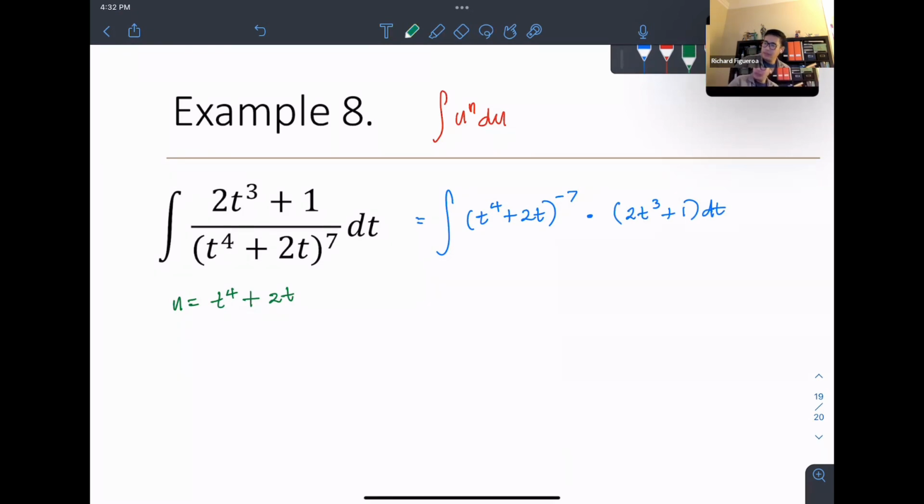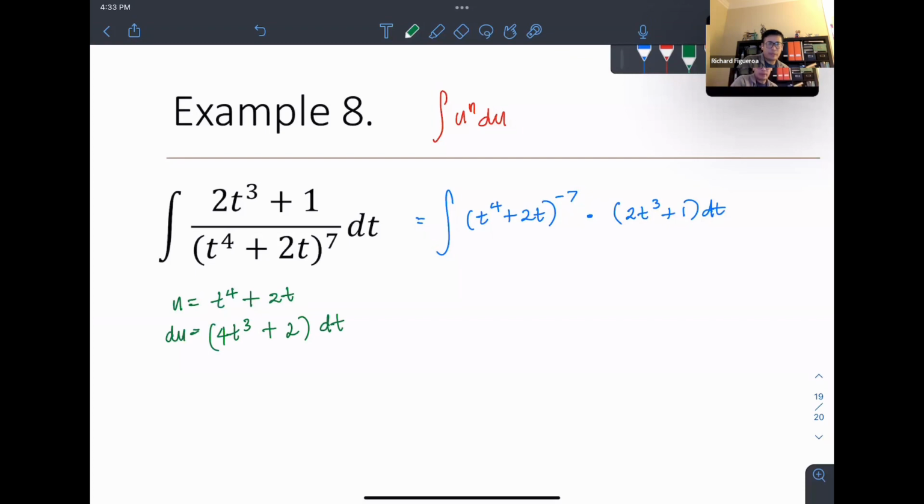So now, let's try to derive this one. To use this formula, u and du. So derivative of t to the 4th is 4t cubed. Derivative of 2t is 2 dt. Are they the same? 2t cubed plus 1. The other one is 4t cubed plus 2.